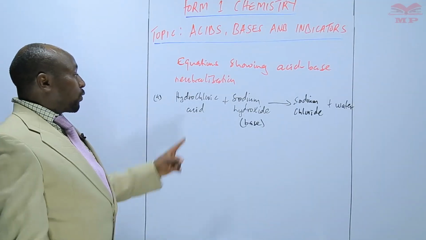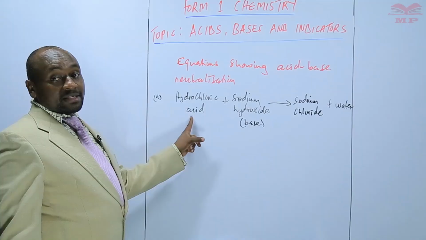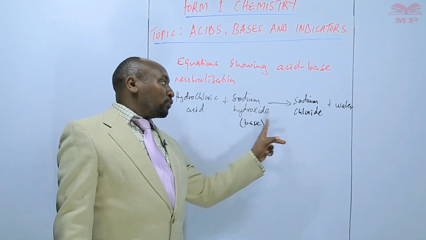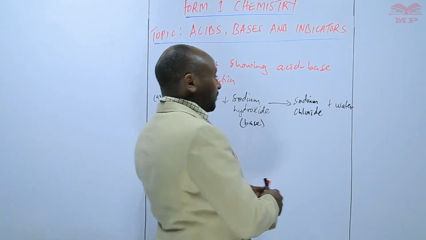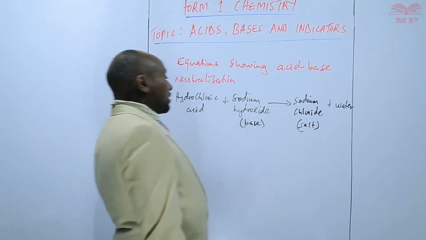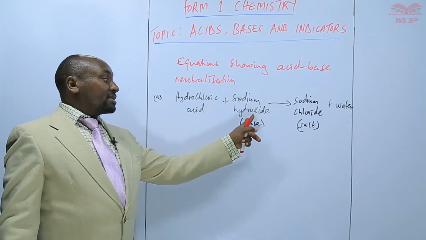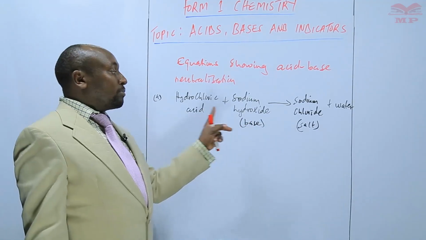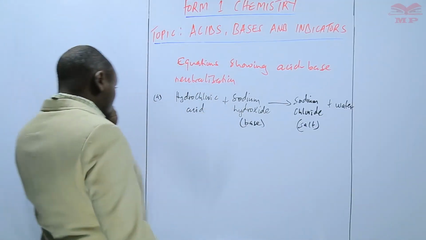For example, we can say that an acid is a chemical substance that reacts with a base to form a salt and water as the only products. And we can say that a base is a chemical substance that reacts with an acid to form salt and water.